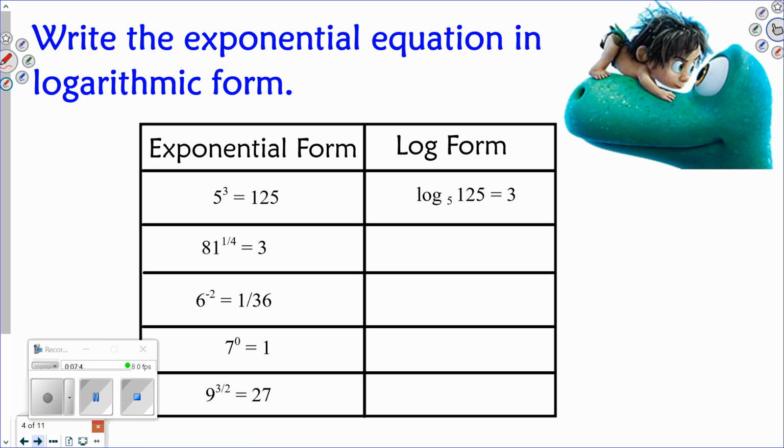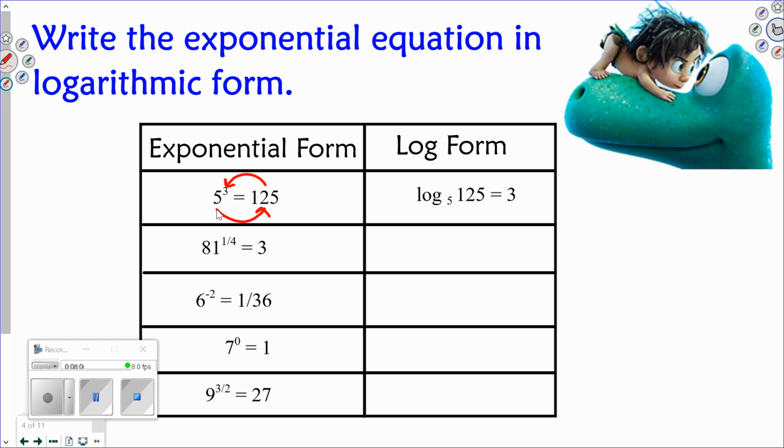All right, can we go the other direction? For whatever reason, people usually struggle more going this way. The big thing is when you're doing the loopy swoopy on this one, it's the order that you're writing the numbers. From left to right, it's the order that you're writing them. Let me show you. If I loopy swoopy, it's 5 and then 125 and then the 3.